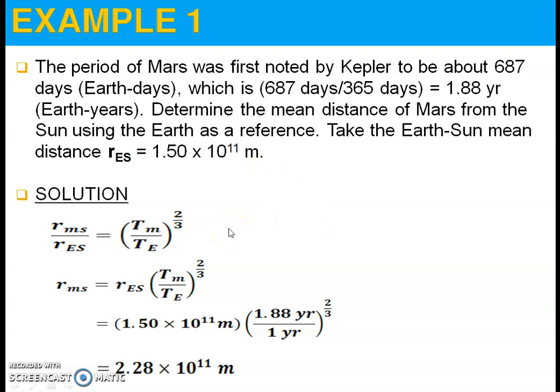Solution. To solve this problem, we let RMS be the Mars-Sun mean distance and use Kepler's third law. That is, RMS over RES is equal to (TM over TE) to the power 2 over 3.